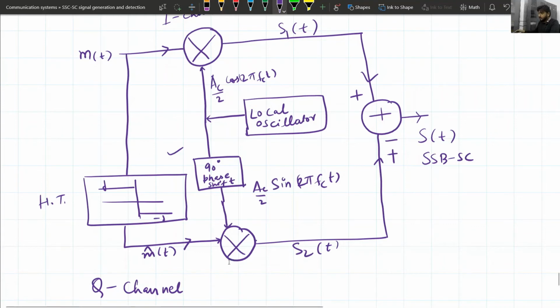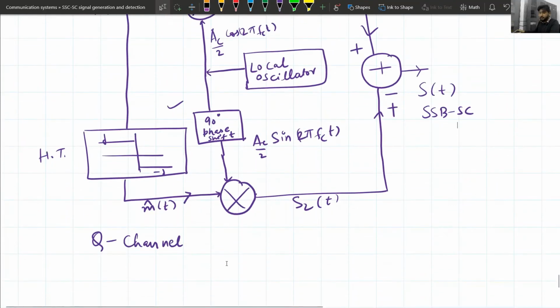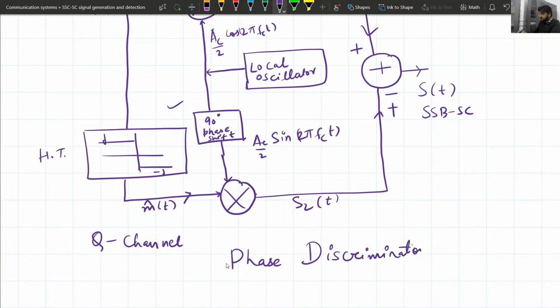This method of generation is called the phase discrimination method for SSB-SC generation.